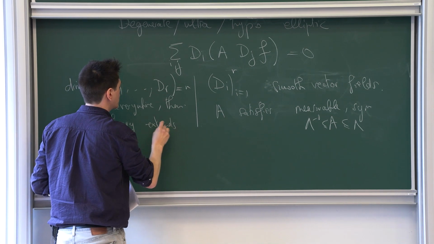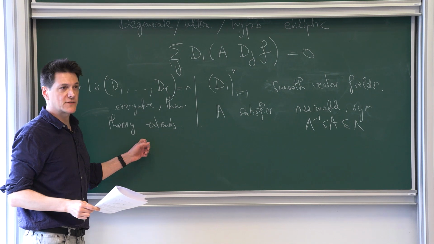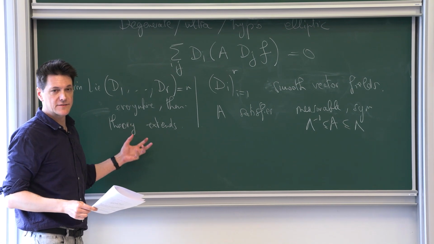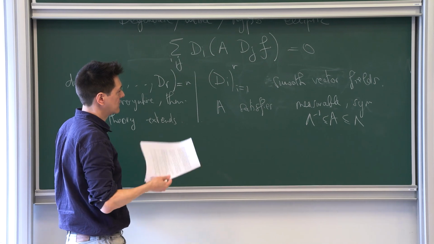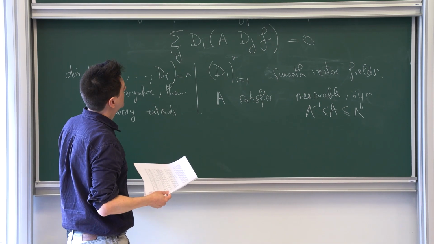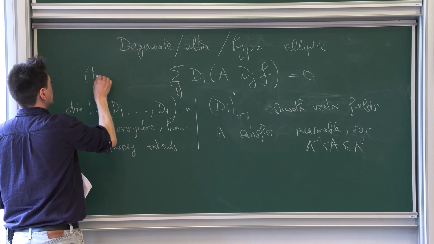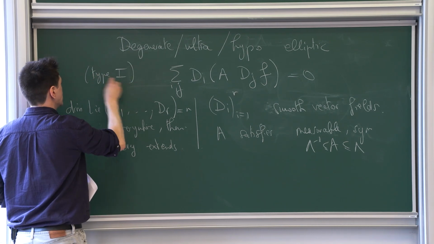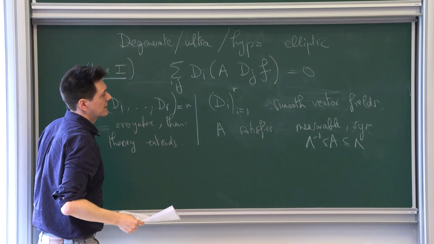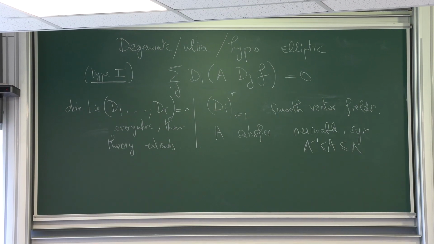I don't want to spend too much time on that because it's neither very difficult nor very interesting. The standard estimates are actually rather straightforwardly extended. So I'll come back to that in a second. That will be the first way you can be hypoelliptic. And the second way is the motivation for these lectures.